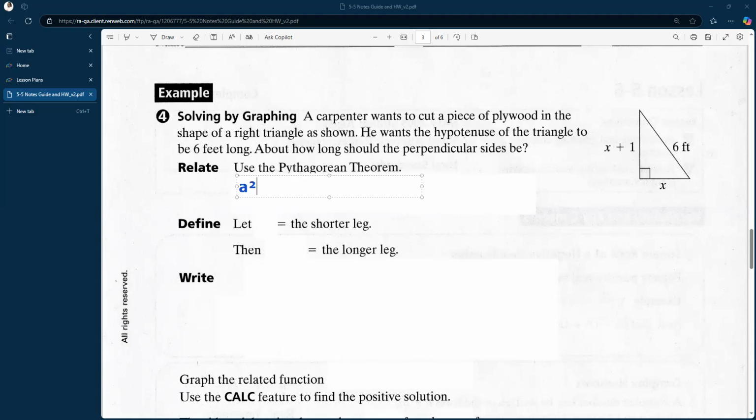Pythagorean's theorem is a squared plus b squared equals c squared, where c is the hypotenuse. In our problem, it doesn't matter which leg, which perpendicular side is A or B. The only thing is the hypotenuse must always be C.